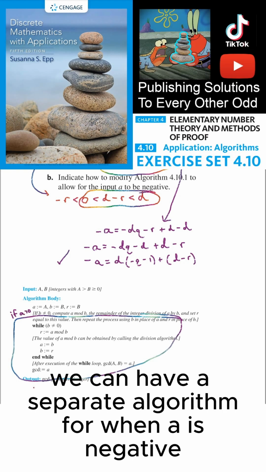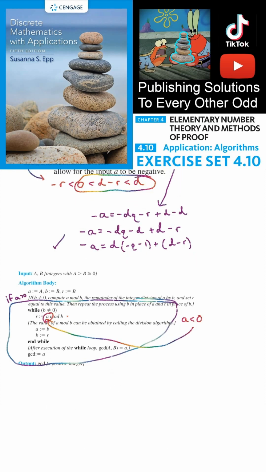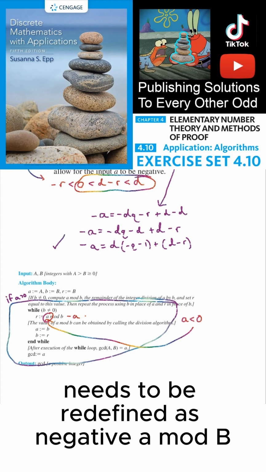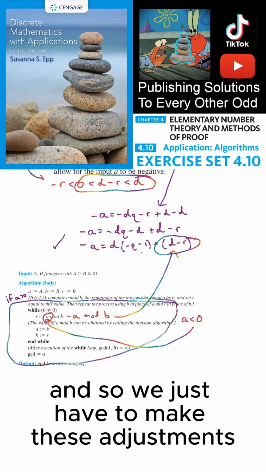We can have a separate algorithm for when a is negative. The key difference here is that my remainder r needs to be redefined as negative a mod b, which gives us a special remainder d minus r. And so we just have to make these adjustments according to part A.